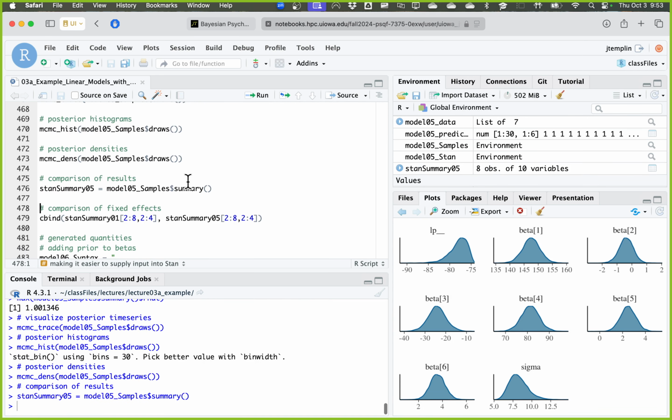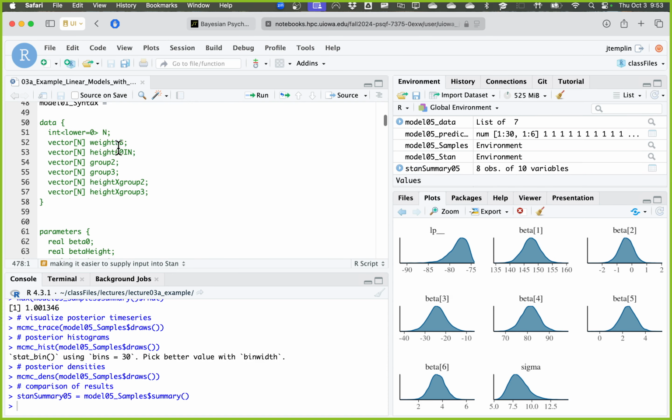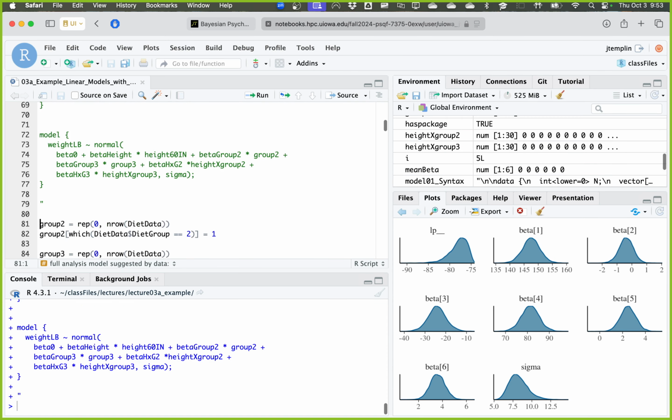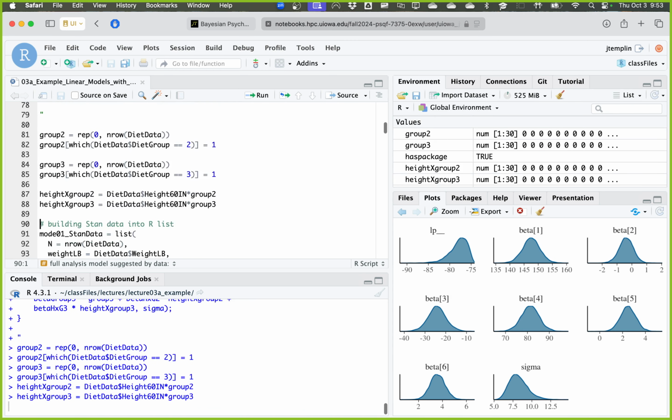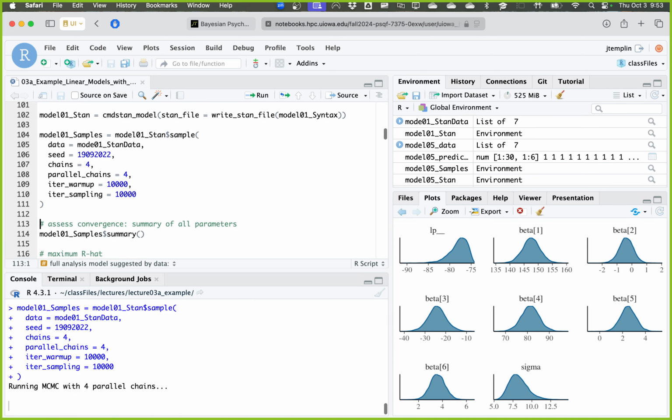One thing I wanted to compare with was our very first model. So let me go back and run our first model one more time, since I haven't done that. I'll run this model quickly and we'll compare and contrast the results from this last run with our first model, because we've changed the prior distribution hyperparameters again.